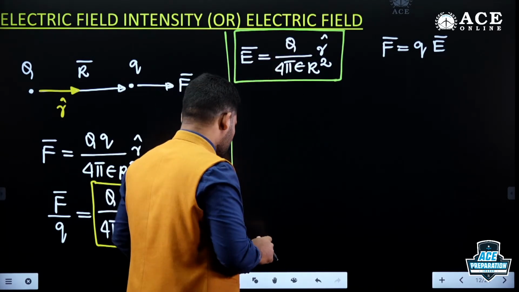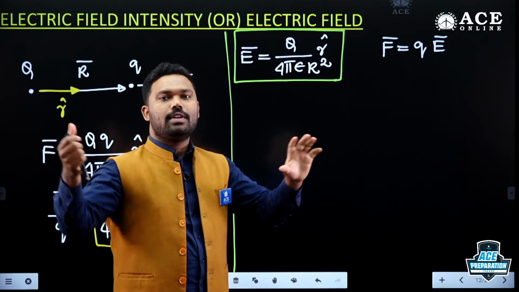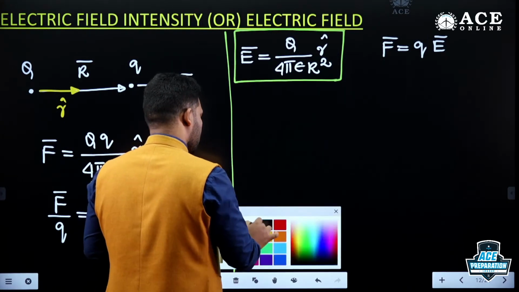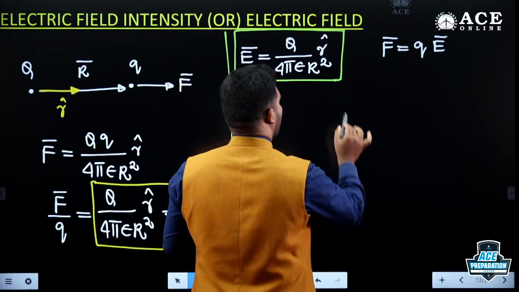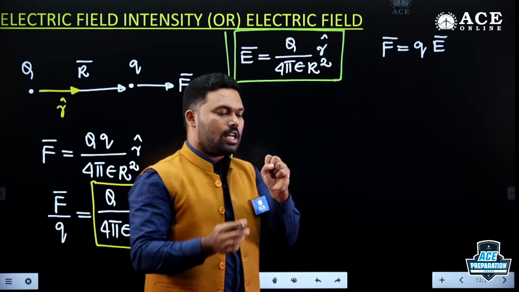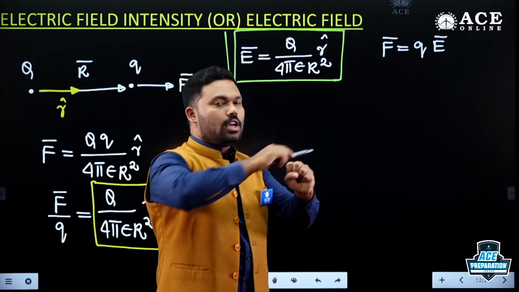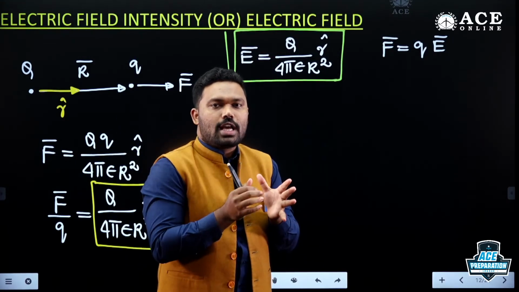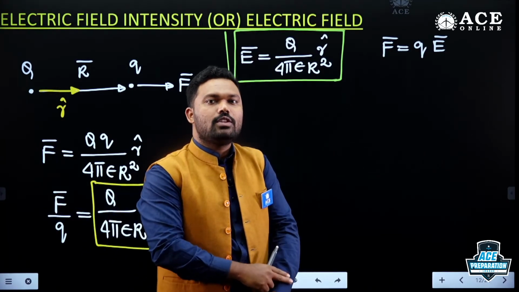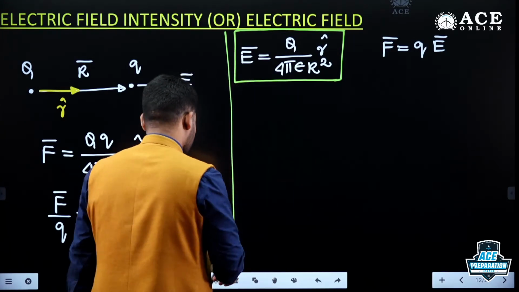Around the charge there are electric field lines, and the electric field is in the radial direction. If it is positively charged, the electric field lines are outwards. If it is negatively charged, the electric field lines would be inwards, towards the charge.